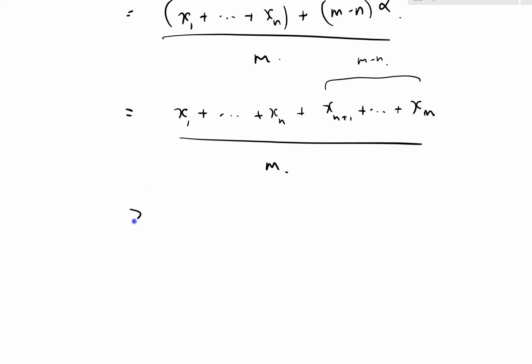Well, now we can do something. Now we can apply the arithmetic geometric mean inequality for m variables. So that's greater than or equal to (x1 times x2 times dot dot dot times xm) to the power 1 over m, by the arithmetic geometric mean inequality.